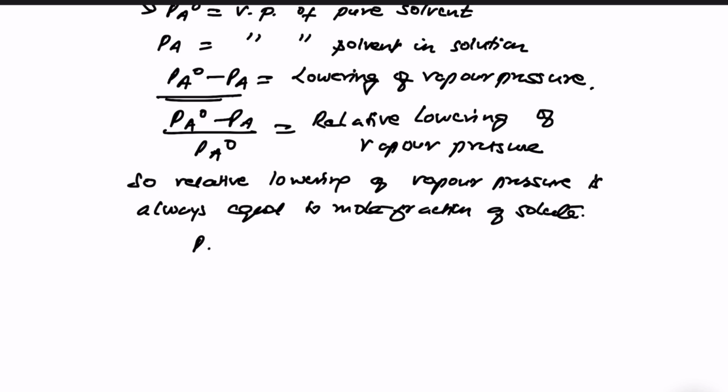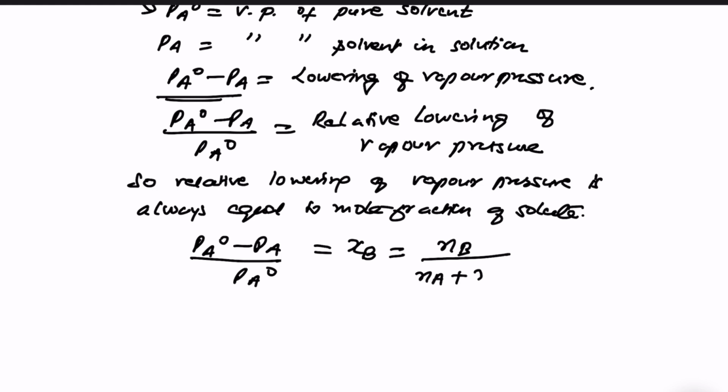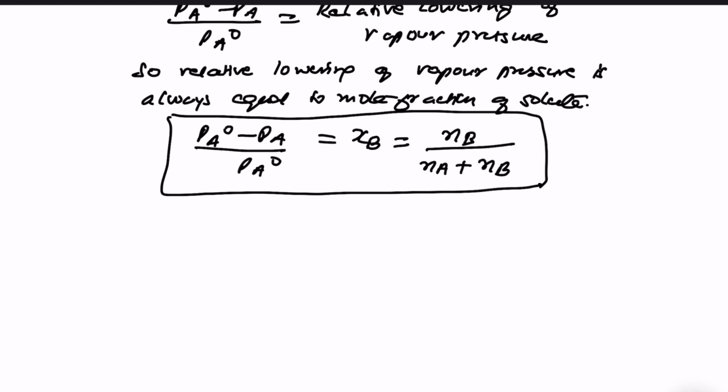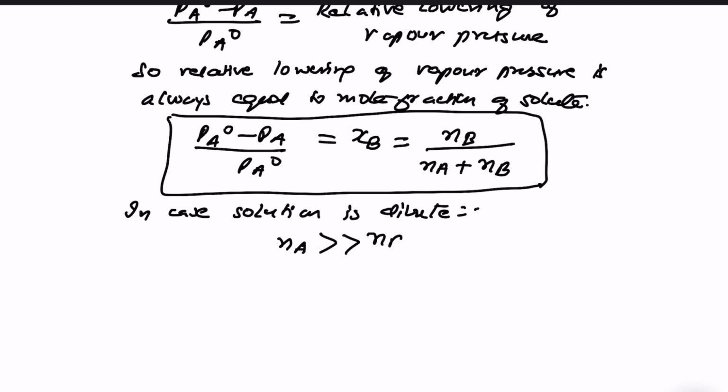So PA naught minus PA upon PA naught is equal to the mole fraction of the solute. And what is the mole fraction of the solute? Number of moles of solute upon number of moles of solute plus solvent. So this is the formula we have got. Now, in case the solution is dilute, the number of moles of solvent will be very large compared to solute.